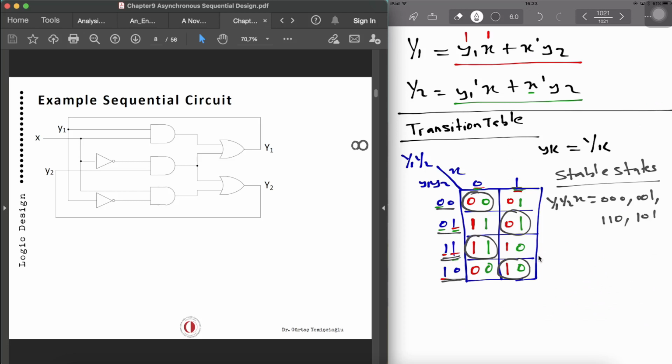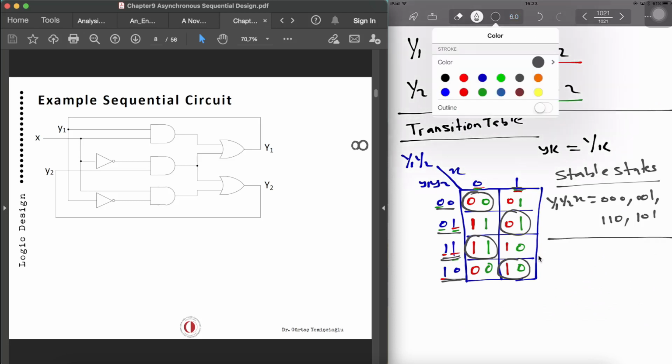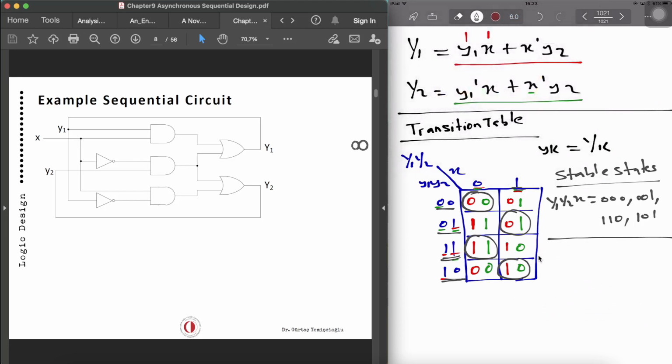So these are the stable states. And then we also have unstable states, which we can also write down. The rest are unstable.